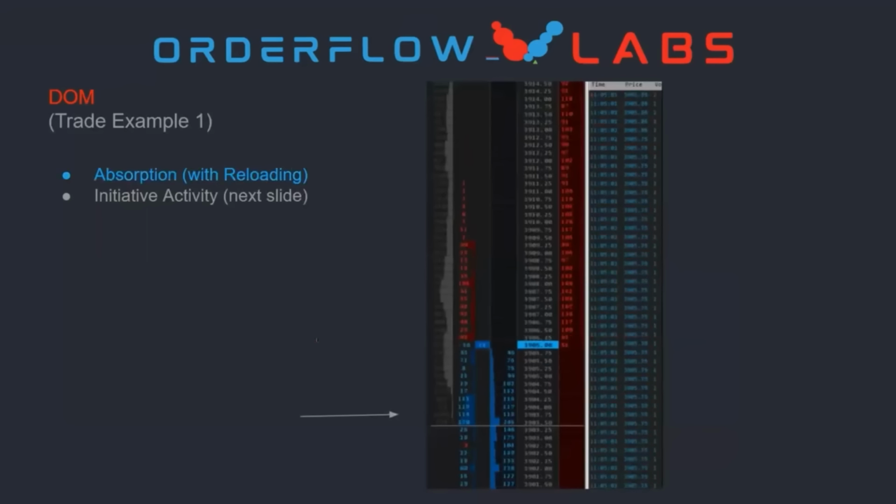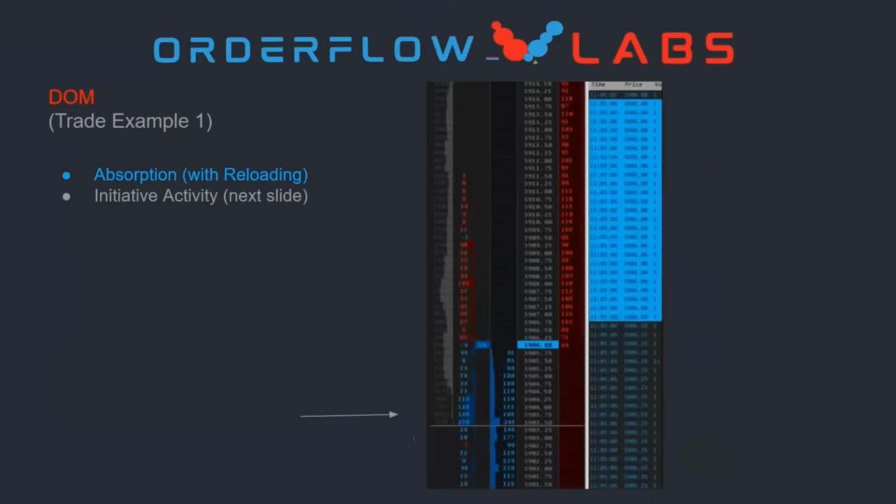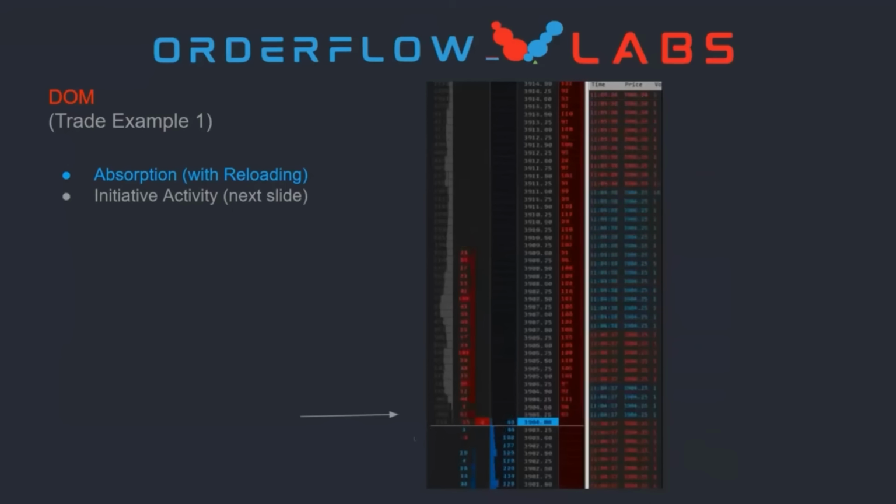Here's an example of absorption with reloading. Let this reload here. So these orders down here, we want to see them push in, fill.